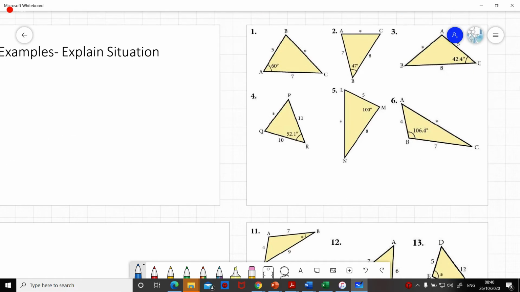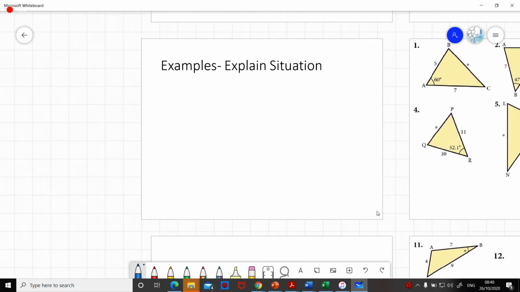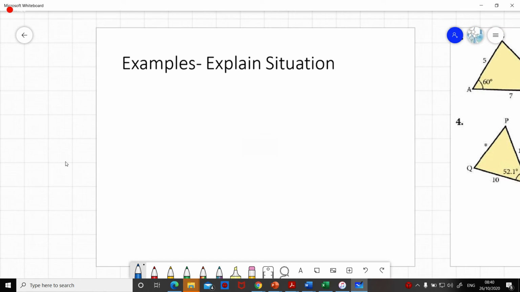So let's first look at a situation where we use the cosine rule. It is important to know when to use it. If I draw this triangle, clearly it is not a right angle triangle.